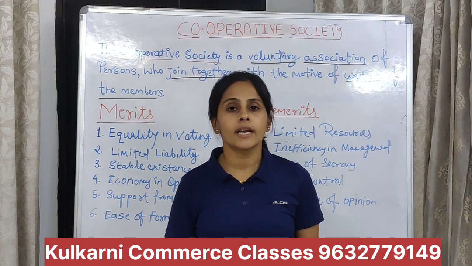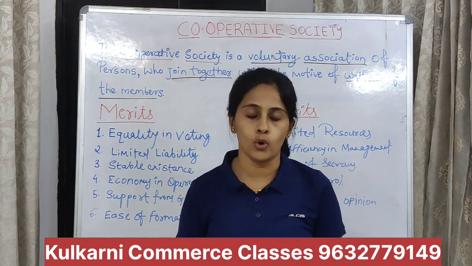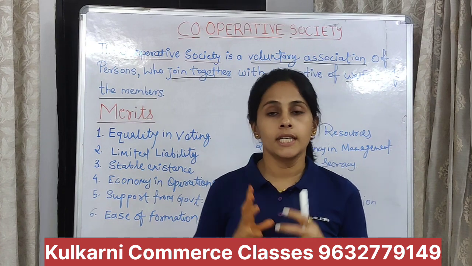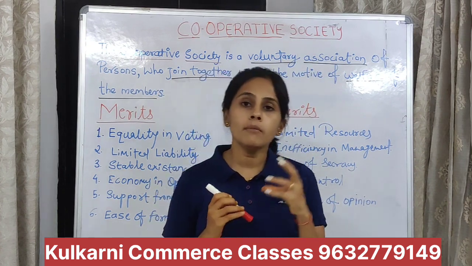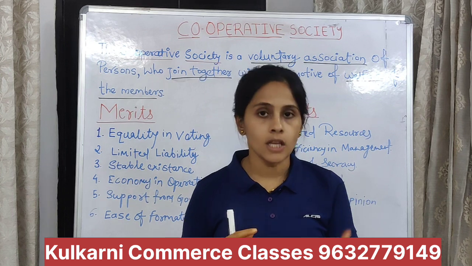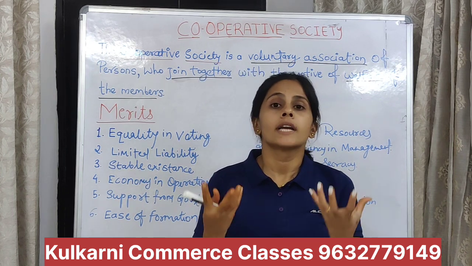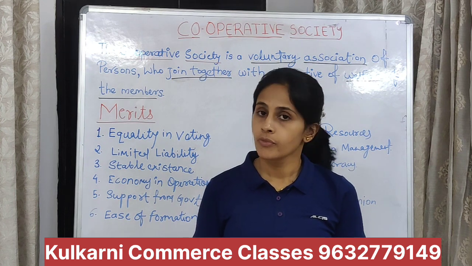Equality in voting right means one man one vote. For example, in a cooperative society there are 10 members and one member contributed 10,000 rupees as capital and another member contributed capital of 1 lakh rupees. Understood?